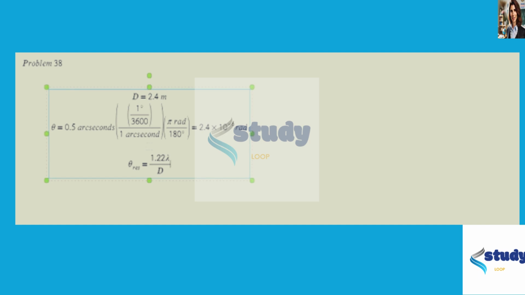In this expression, the unknown is lambda. So let's go ahead and solve for it. If we multiply both sides by d and divide by 1.22, we get lambda equal to d theta res over 1.22. So let's go ahead and plug in these values.